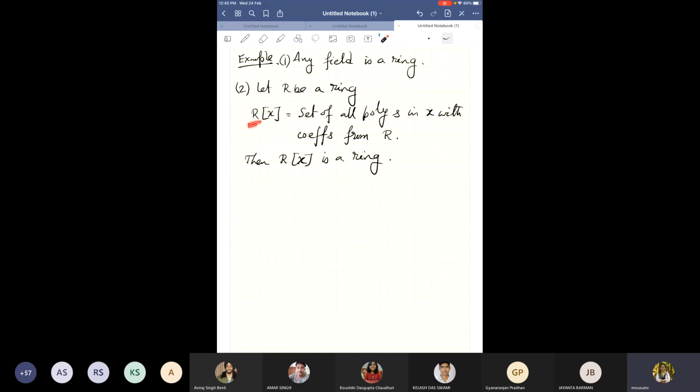If your R is commutative, then only the polynomial ring will be commutative, isn't it? This is not the real numbers. This is just any arbitrary ring. So if R is commutative, then my R[x] will be commutative.